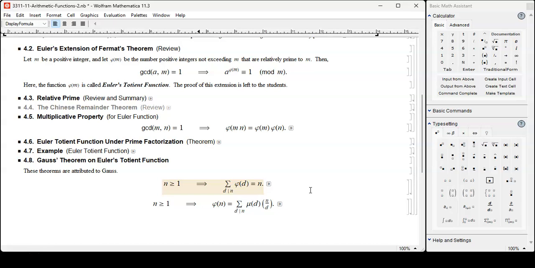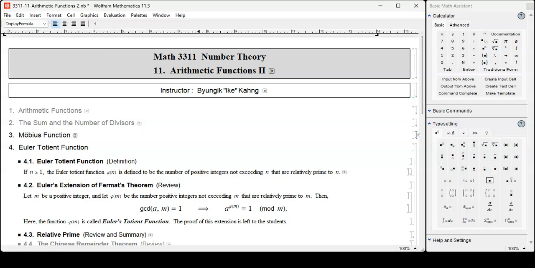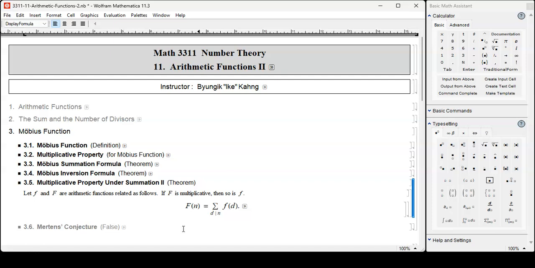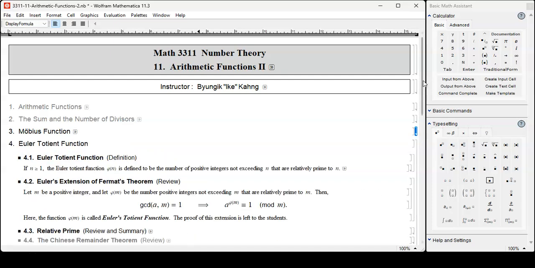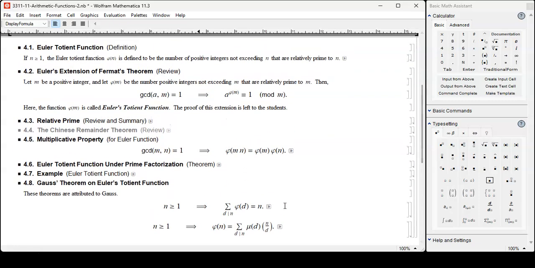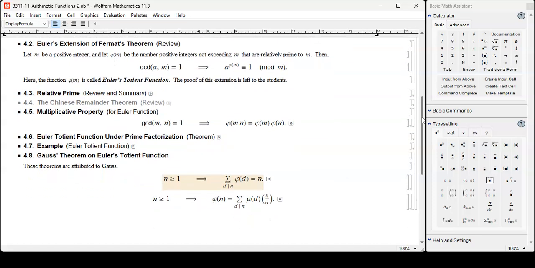And let's see. The identity function, of course, is multiplicative. And consequently, phi is multiplicative as well, thanks to theorem 3.5. Remember that? So you can prove the multiplicative property like that too. But of course, the problem is you have to prove this first. That's going to be your work.